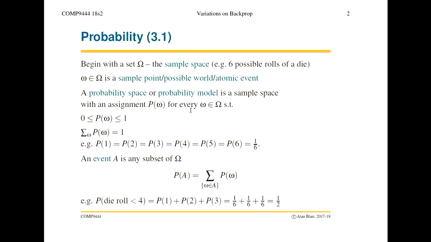Okay, so these are some preliminaries about probability. I mentioned that in order to understand these things, we need to know something about probability, so I'm just trying to summarize some of what's needed.